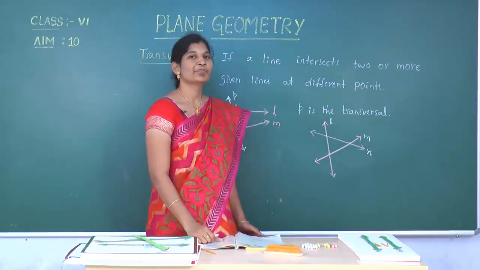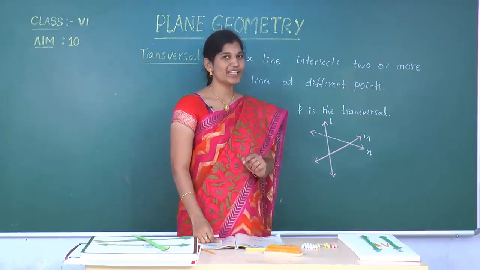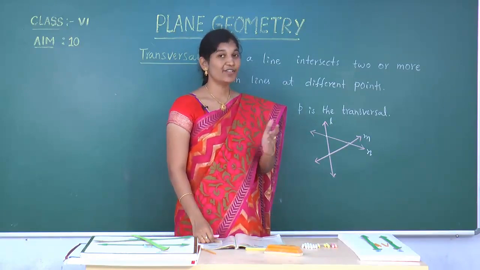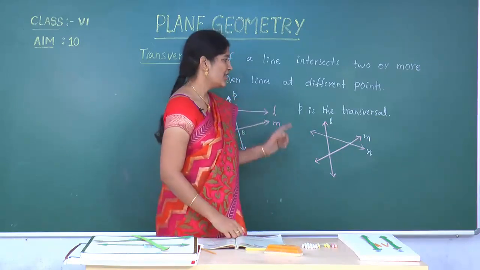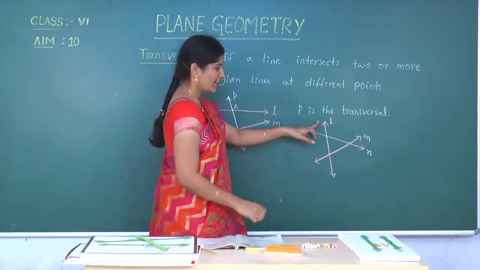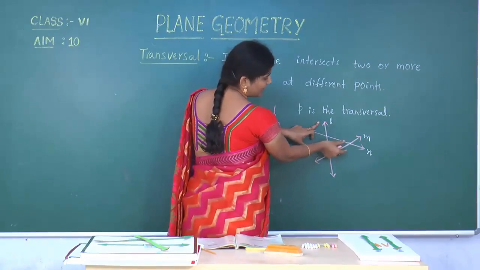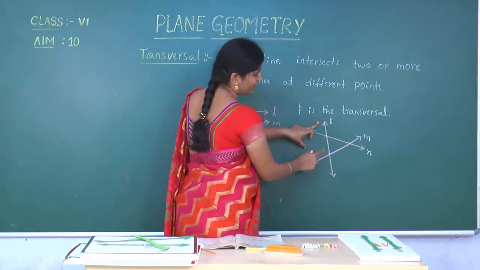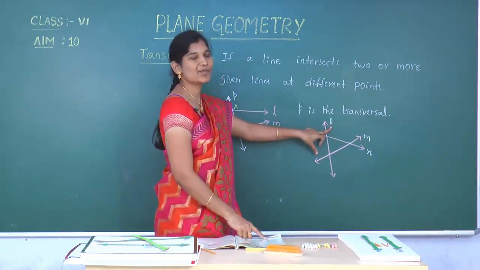What is the duty of the transversal? A line which intersects the given two or more lines at different points. Now let me check L. Here L is a line which intersects the given two lines at two different points. So I can say here L is a transversal.